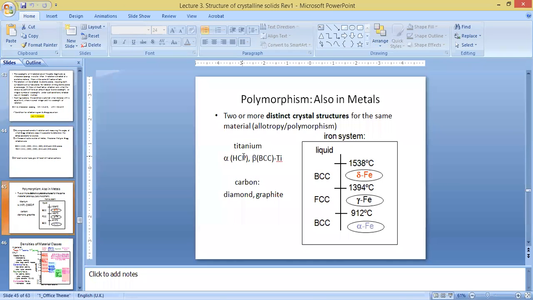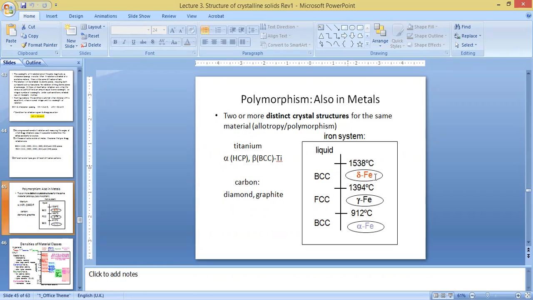It will be HCP, hexagonal packing, and then transform to BCC. Carbon has either the diamond or the graphite form, with distinct features. Some metals have two or more distinct crystal structures.